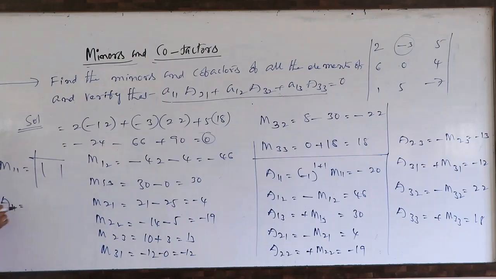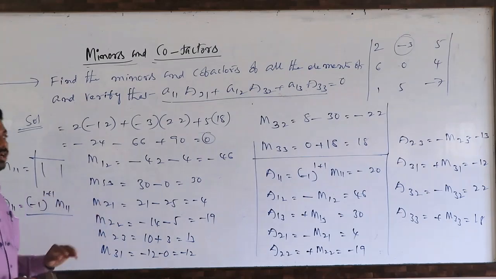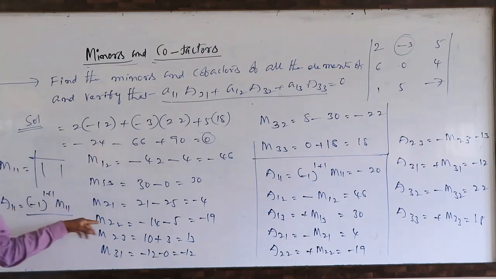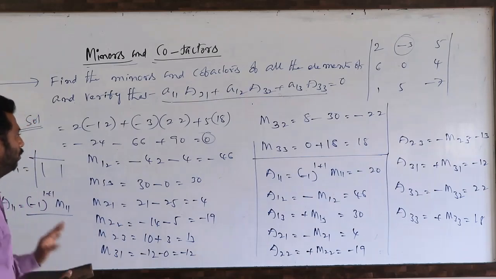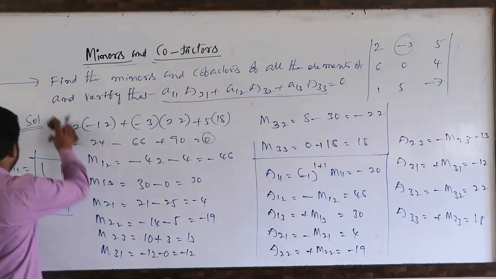Similarly, the cofactor of the first row, first column element is minus 1 whole power of i plus j into the corresponding minor. So the difference between minor and cofactor is plus or minus only. When the suffix sum is an even number, the value is plus. When it is an odd number, it will be minus M11 like that. So that point we have to remember.